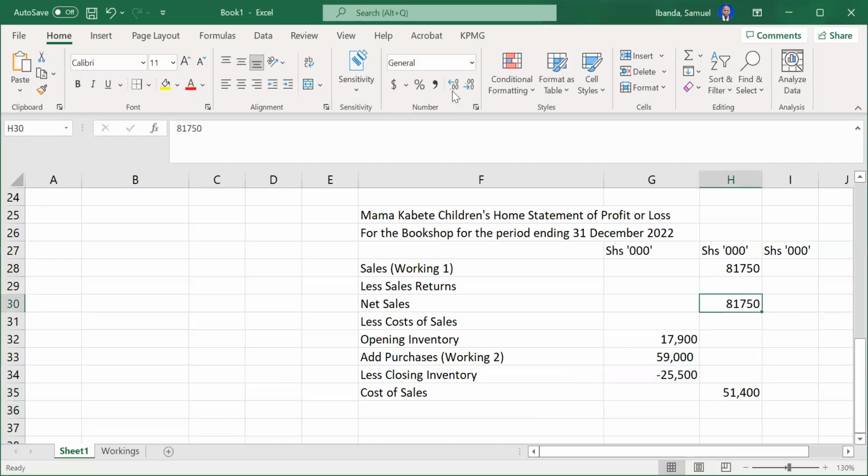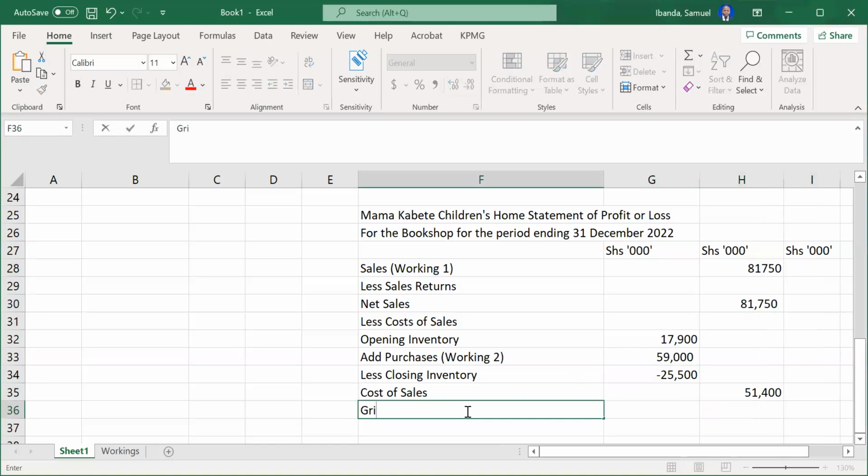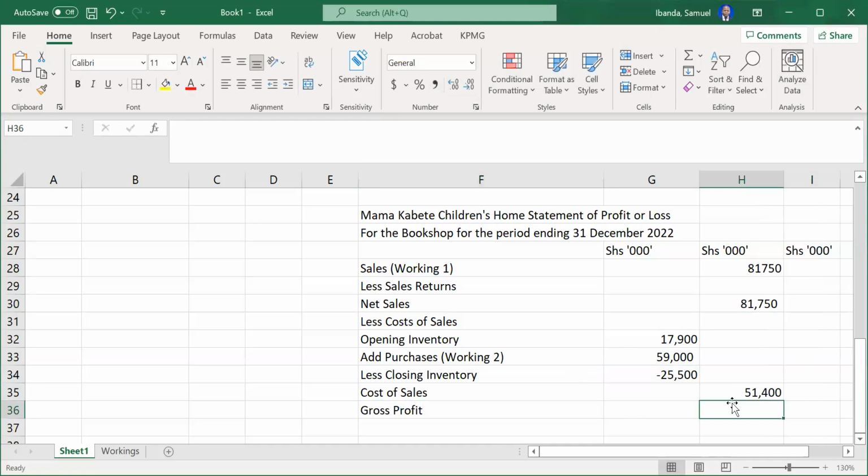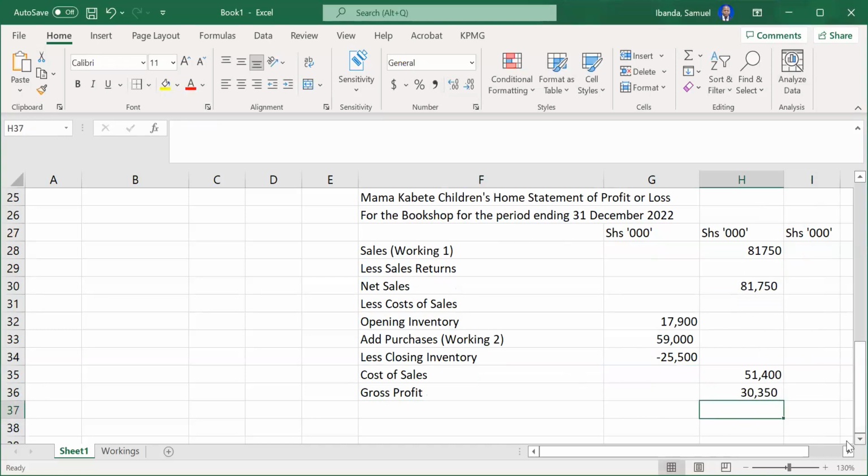So I have my sales there. And then I can get my gross profit. So my gross profit is this minus this, which is that value.